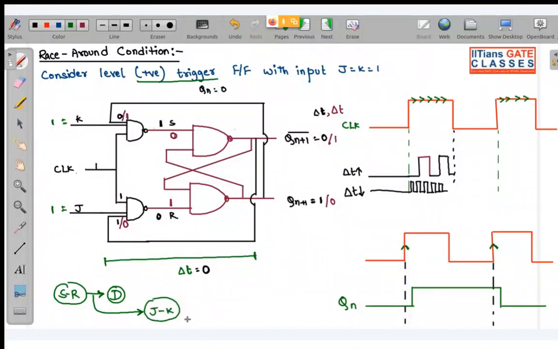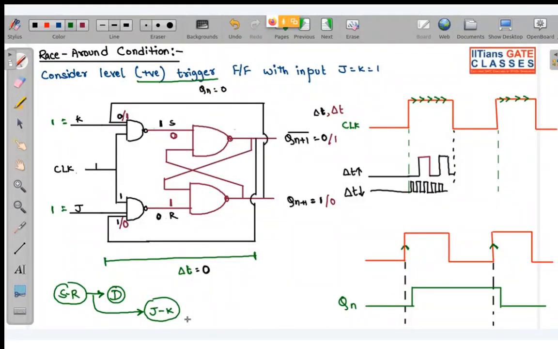What was that positive aspect of JK flip flop? Tell me. Bhumika, Piyush, Raju, anyone? What was the positive thing of JK flip flop which actually eradicated the negative aspect of SR flip flop? What was it?